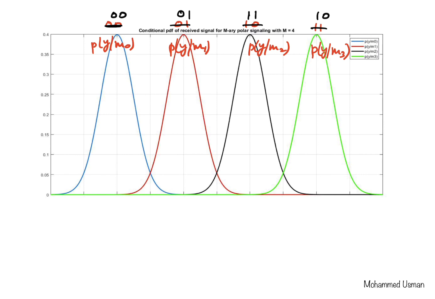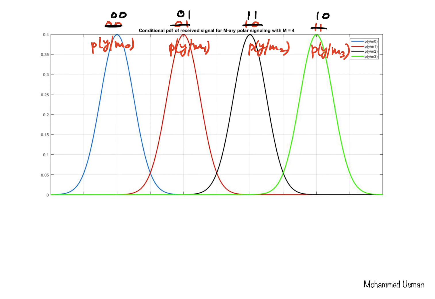So with the gray-coded arrangement, what we can say is that most of the time, one symbol error would correspond to only one bit error. So if we say M0 became M1, there will be error in only one of the bits. All the other bits would be correct. So we are going to use that fact to make our relationship between the symbol error probability and the bit error probability.